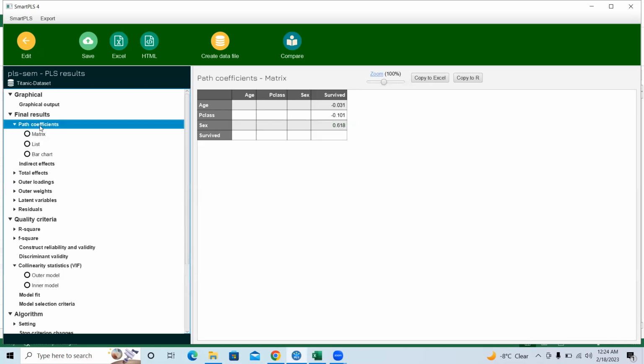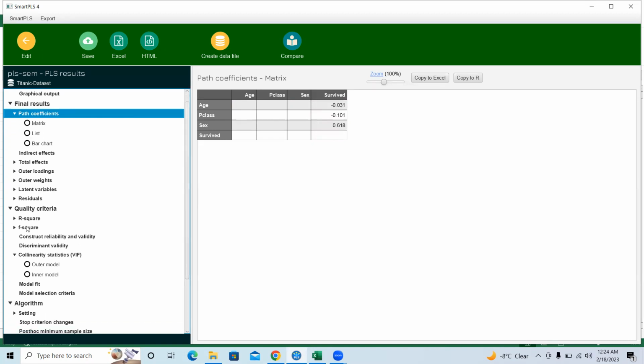As we mentioned, we got the survival R-square values here. There is a negative correlation when it comes to age and passenger class, and a positive correlation when it comes to sex.